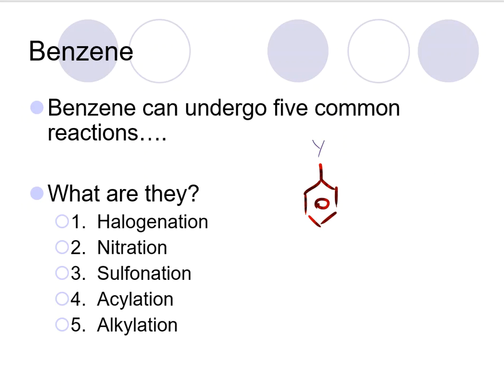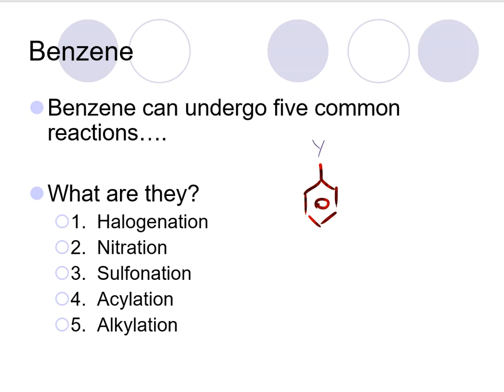So a halogen, or a nitro group, or an SO3H group, or the acyl group, or the alkyl group, all went on to that spot. Substitution. That's what happened. Okay, so with that said, that was benzene. That's what benzene did.